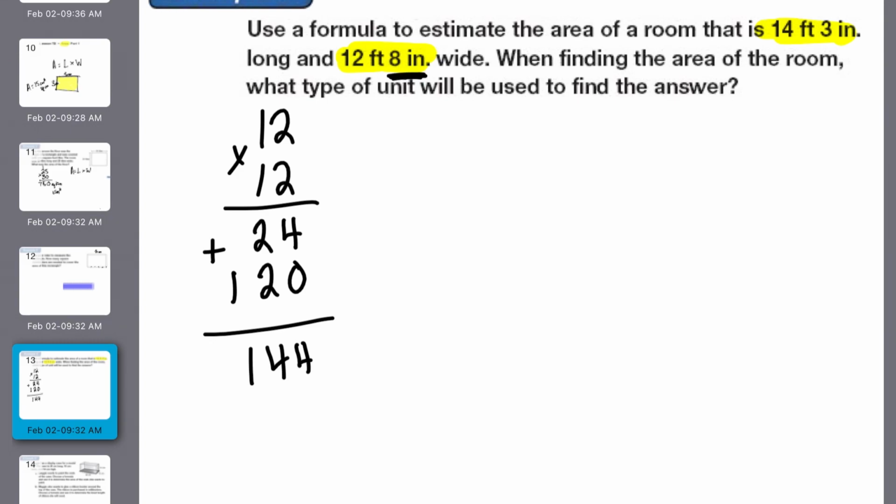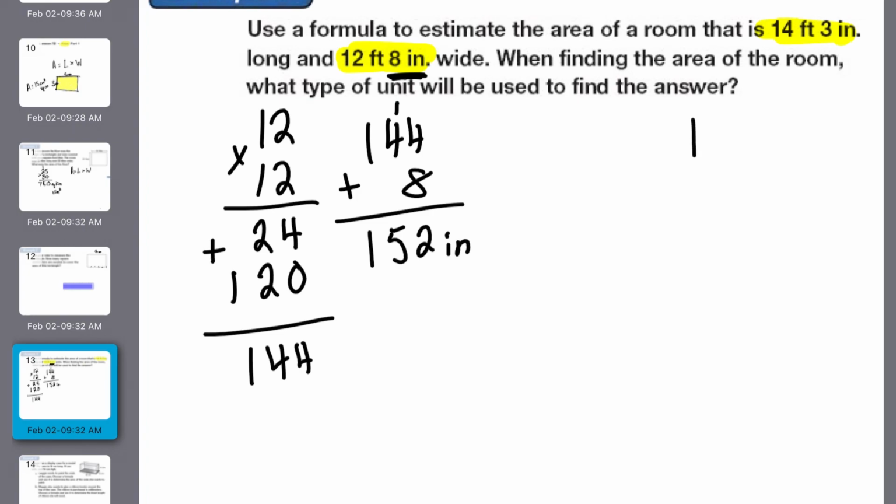Then I add on the 8 inches there. So 152 inches.